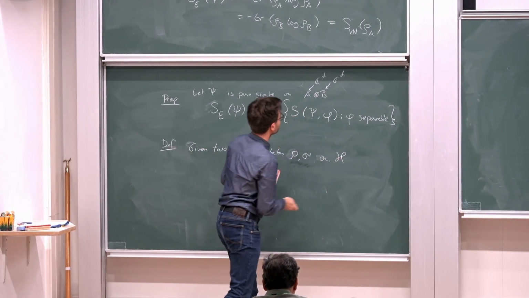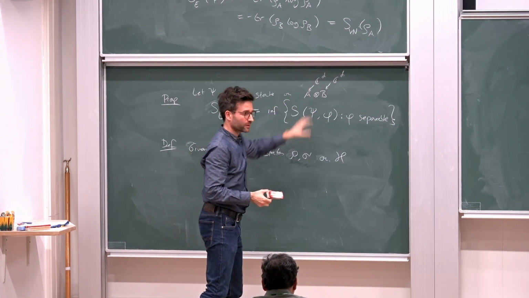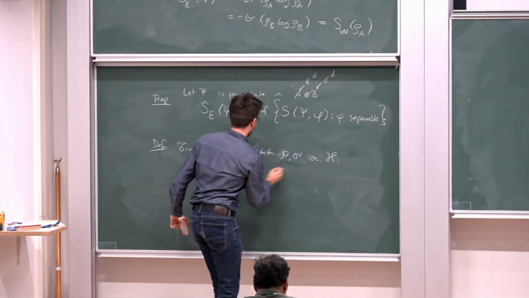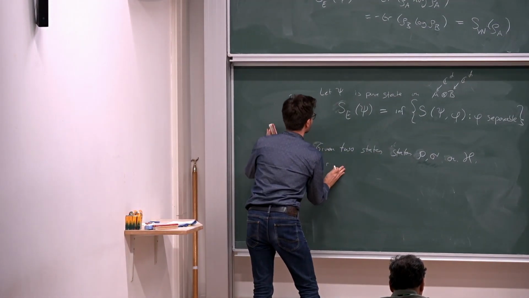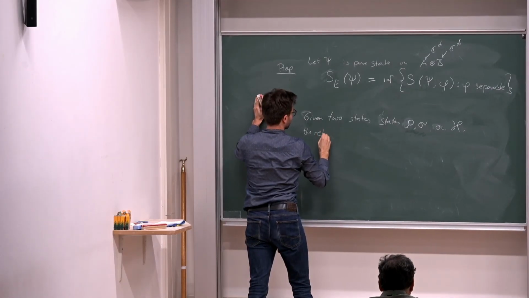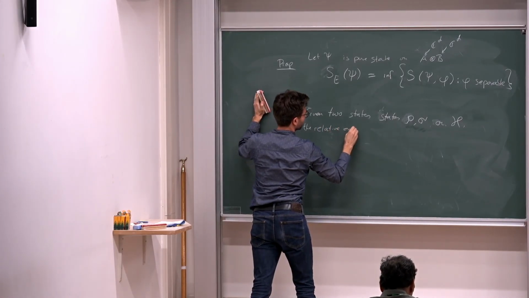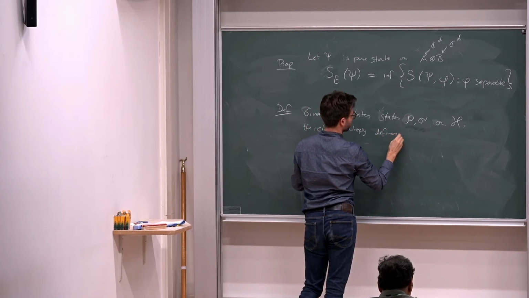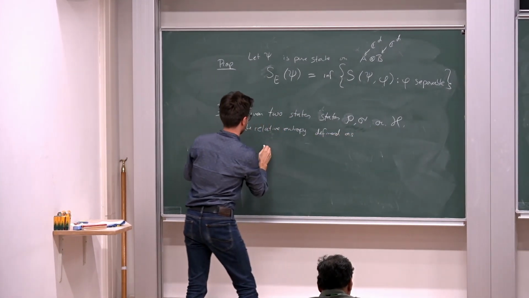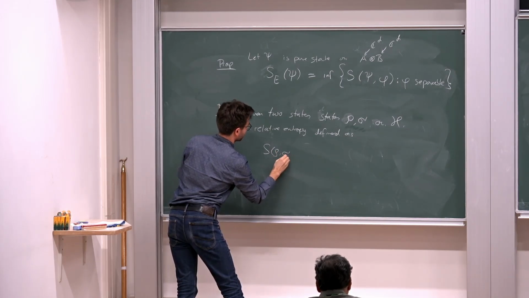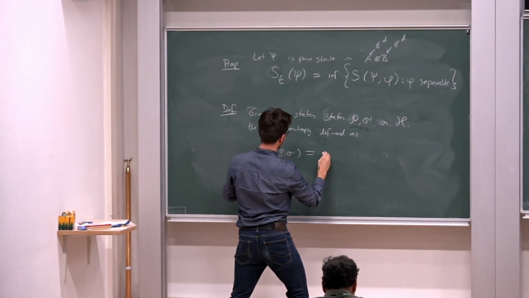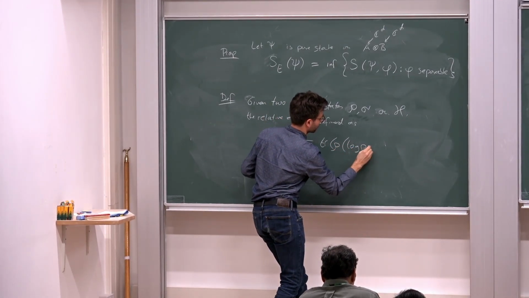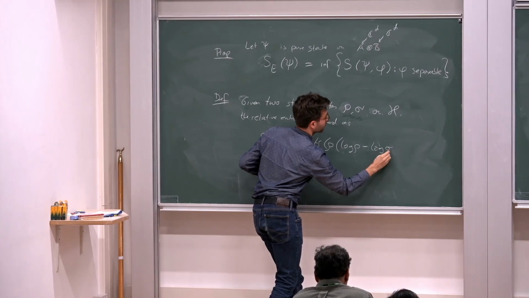on your system, which in this case could be the bipartite system, but this definition doesn't require bipartiteness, then the relative entropy is defined as trace rho log rho minus log sigma.